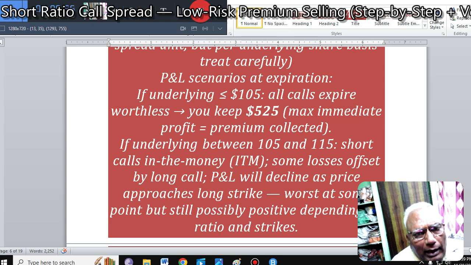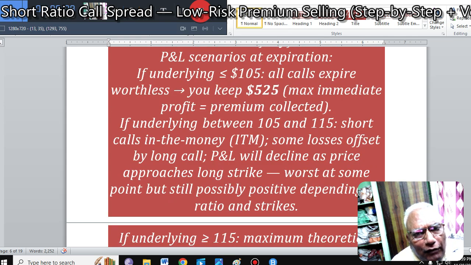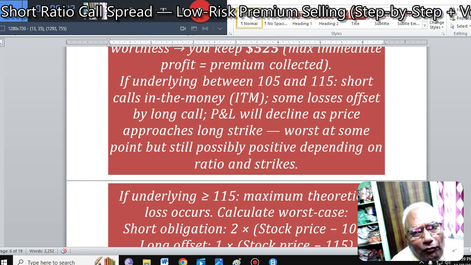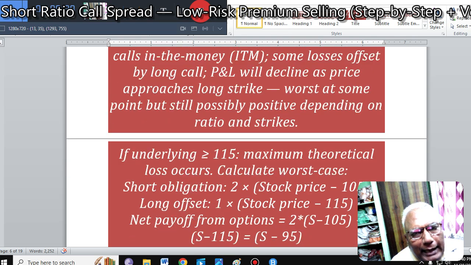If the underlying is between 105 and 115, the short calls are in the money, with some losses offset by the long call, and P and L will decline as price approaches the long strike. It gets worse at some point, but may still be positive depending on the ratio and strikes.